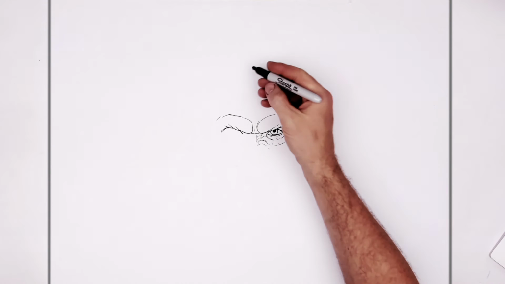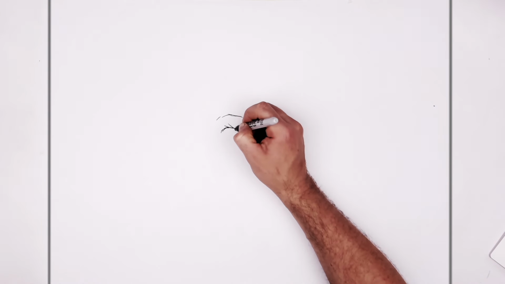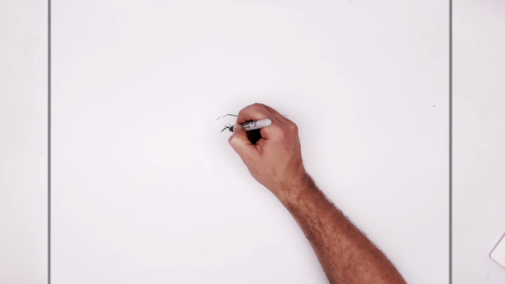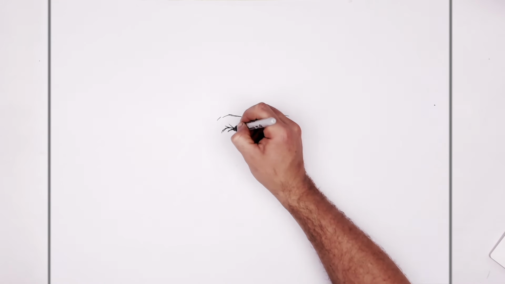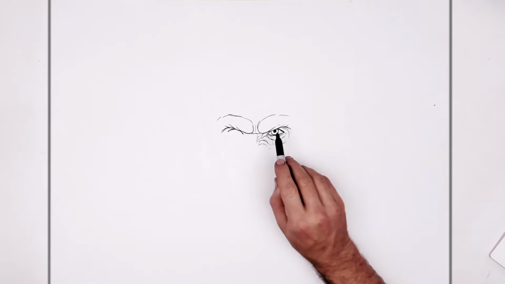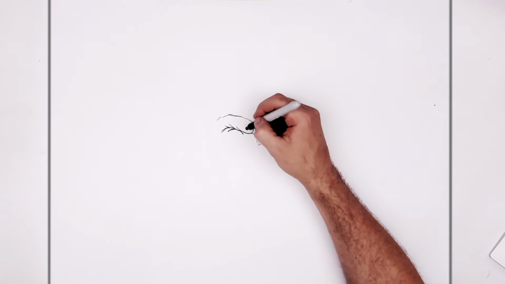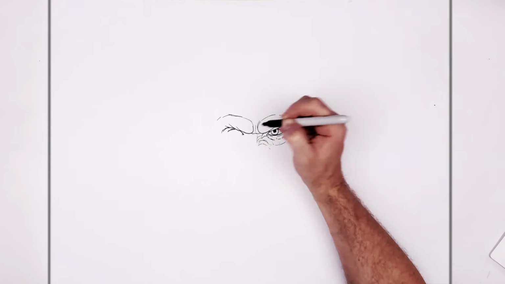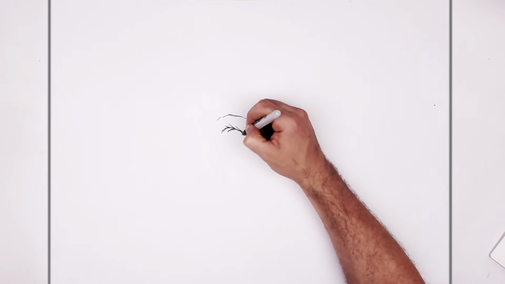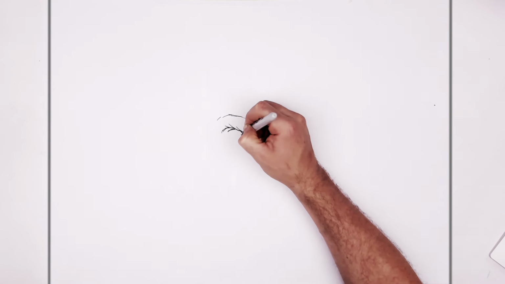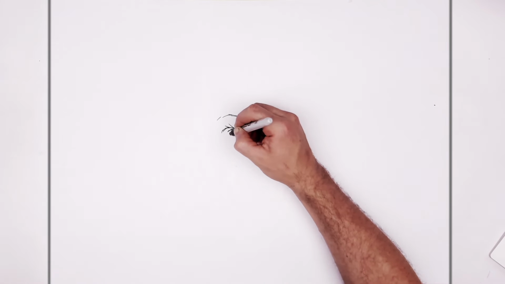Roughly, might be a little bit more if you wanted. And then this curves down that way. About the same size as that eye. And then we have his tear duct. And then the bottom eyelid line just curves around and up.